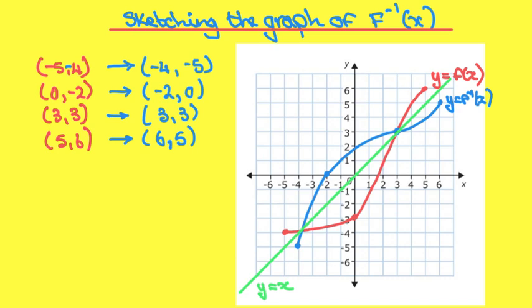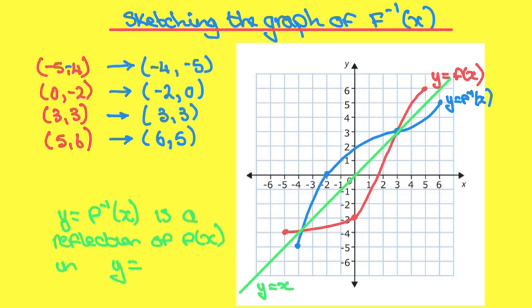So therefore, the line y equals f to the minus 1 of x is a reflection of f of x in y equals x. And that's a very important concept when talking about inverse functions.